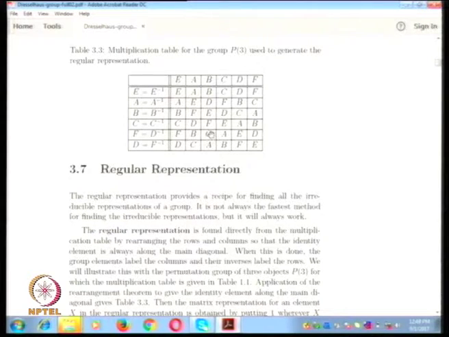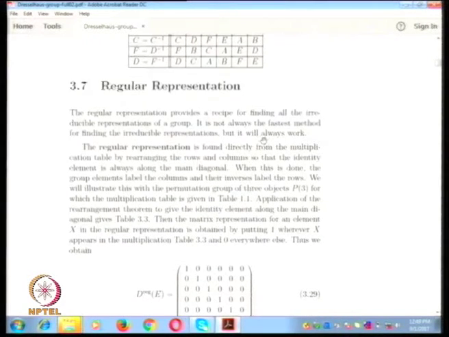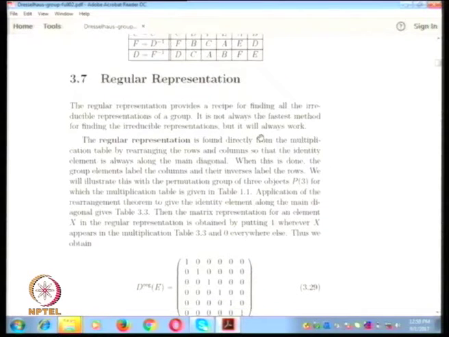The first thing you can see right away is that the character of any arbitrary group element other than the identity will be 0, because you will never get it on the diagonal. Only the identity element will be on the diagonal.